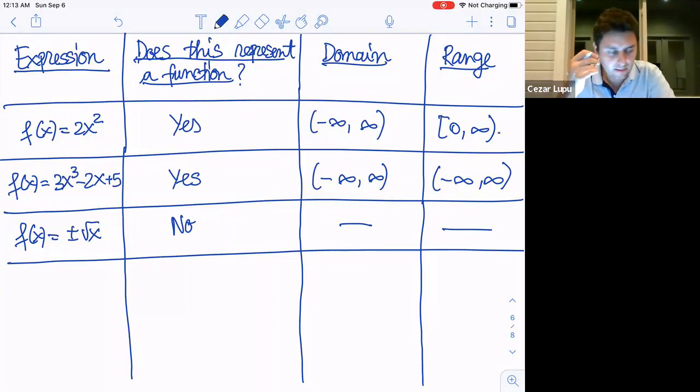I would like to say a bit more about this one, because there are two values in the range.